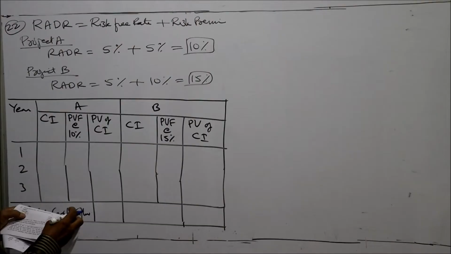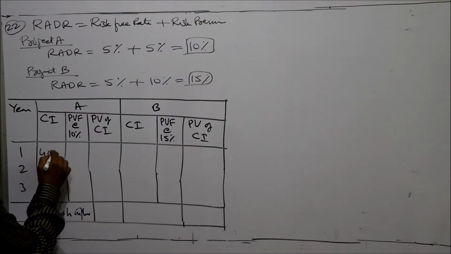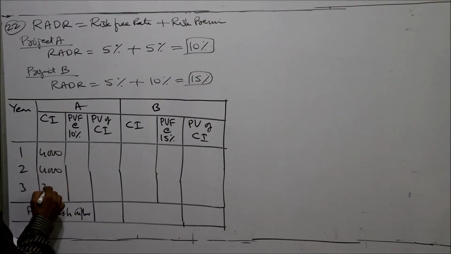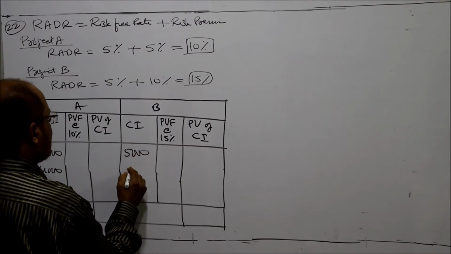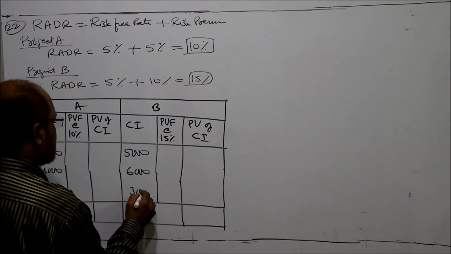So cash inflows are given 4,000, 4,000, 2,000. Here cash inflow 5, 6, 3.